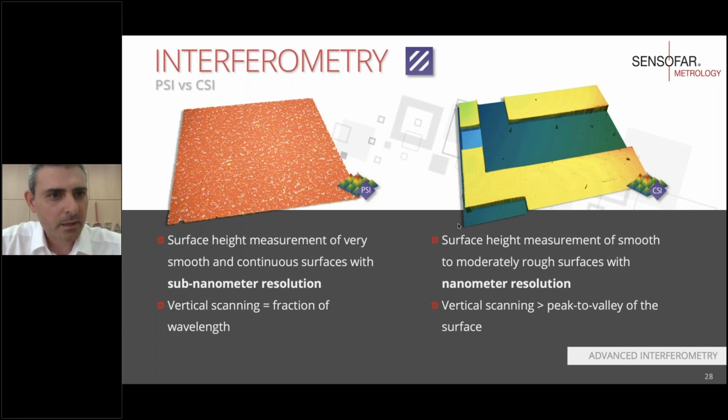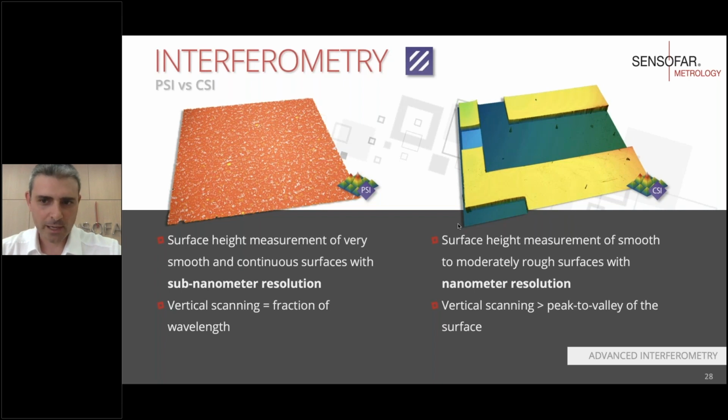In conclusion, phase shifting interferometry can measure surface heights of very smooth and continuous surfaces with sub-nanometer resolution. We are able to achieve 0.01 nanometer system noise with that technique, but the problem is that the vertical scanning is limited to a fraction of the wavelength, lambda over 2 in that case, because of the 2 pi unwrapping problem, an uncertainty in the equations.